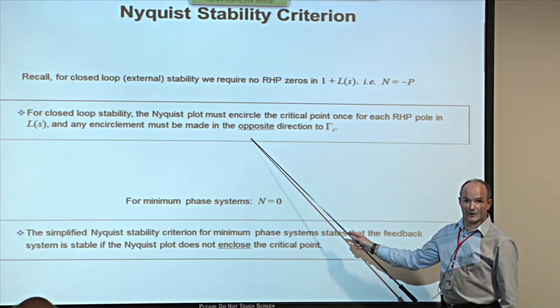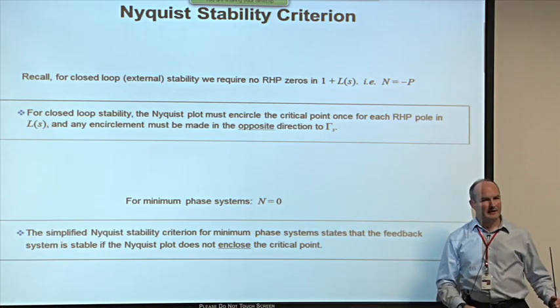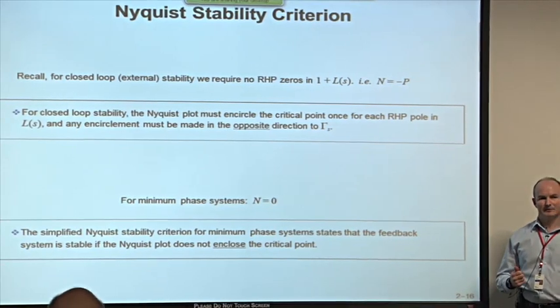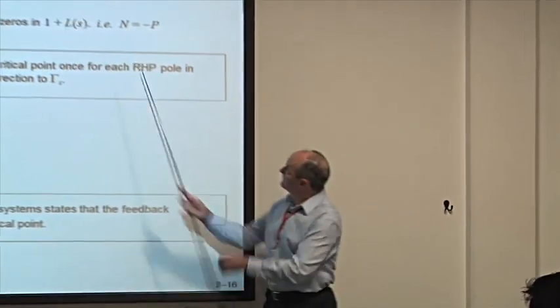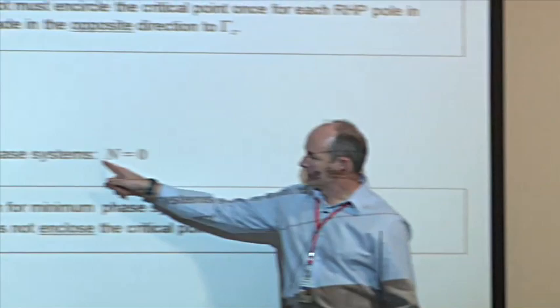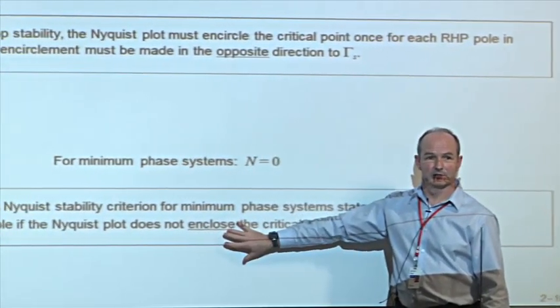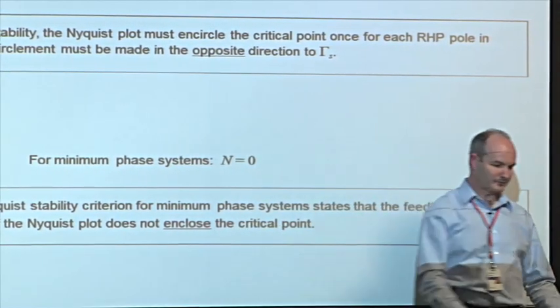That's for systems that are open loop unstable. For systems that are open loop stable, and there's a lot of those in engineering, there are no poles in the right half plane. And since there are no right half plane zeros either, you need no enclosures of the critical point. That is the simplified Nyquist stability criterion. The critical point must not be enclosed.